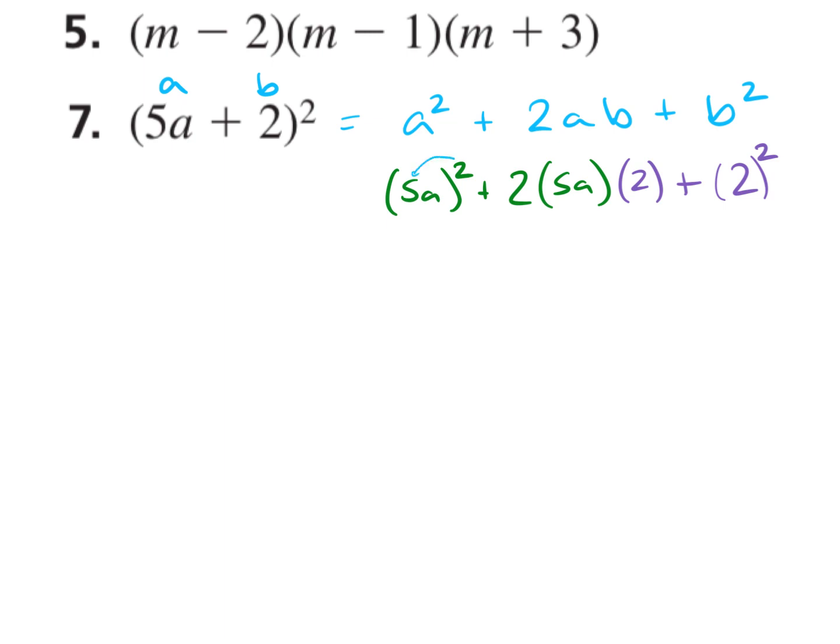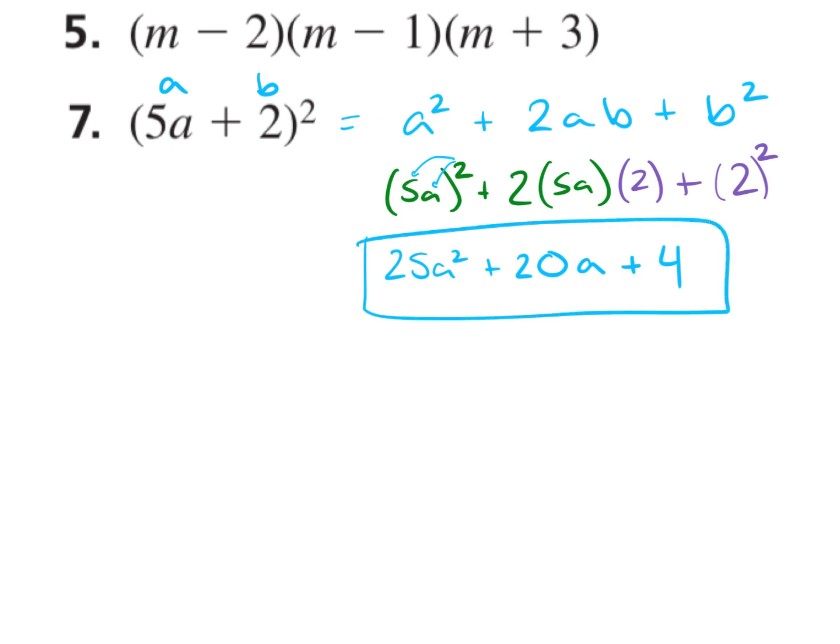Awesome. Don't forget we have to square the 5 and square the a. So that would be 25a squared plus our middle term. We have 2 times 5a times 2. So let's multiply the coefficients together. What's 2 times 5? 10. And 10 times 2? 20. So 20a plus, what's 2 squared? 4. So that would be our answer.